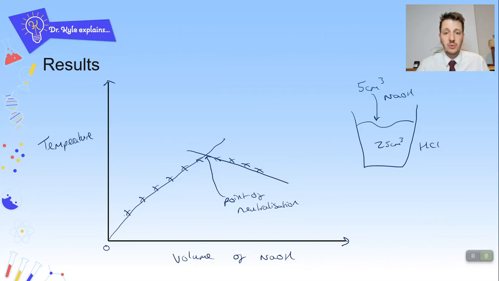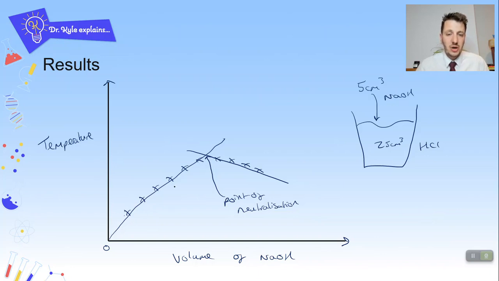And so now, even though you're adding more sodium hydroxide into the solution, any remaining heat that's in that solution is then going to go into that additional 5 centimeters cubed of NaOH each time. And so then the temperature starts to drop. So the temperature starts to dissipate into more of that solution that you're adding. And so the HCl has been used up. It's now a limiting reactant. The energy and the heat then starts to dissipate, so the temperature then starts to go down.